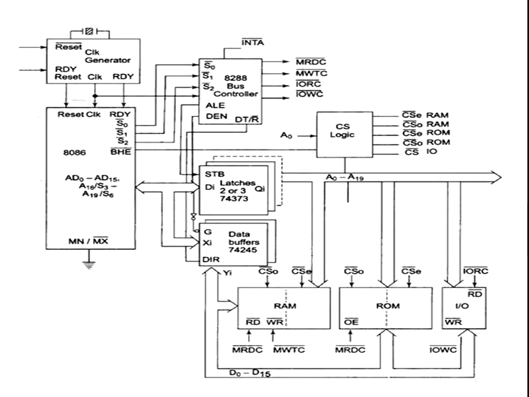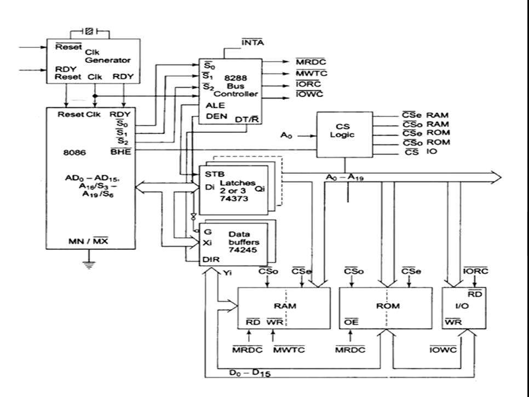According to the status information and the clock signal from the clock generator, which is also connected to this bus controller, the bus controller derives some signals: ALE, DEN, DT/R bar, then MRDC, MWTC, AMWC, IORC, IOWC and AIOWC. So these are the signals generated by the bus controller.